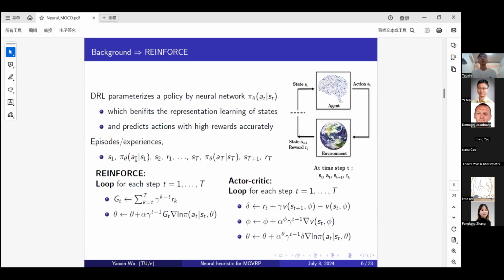After selecting the action, we get the next state and a feedback, or a reward.